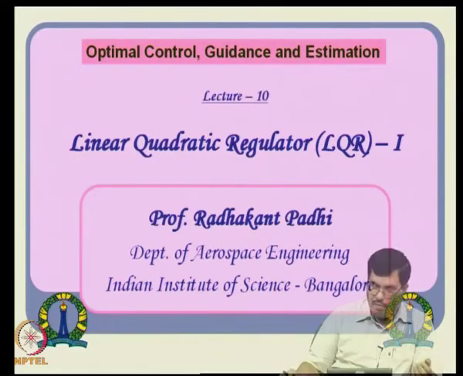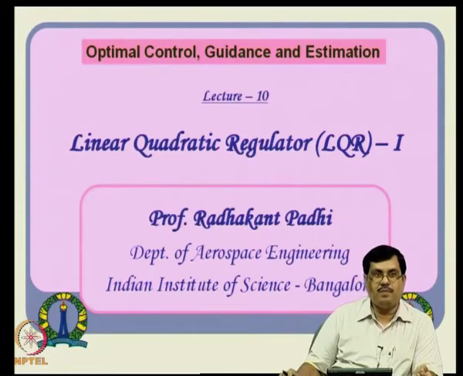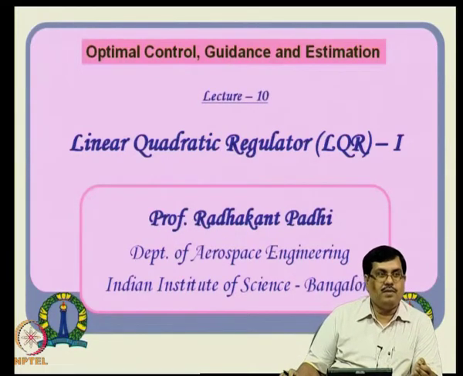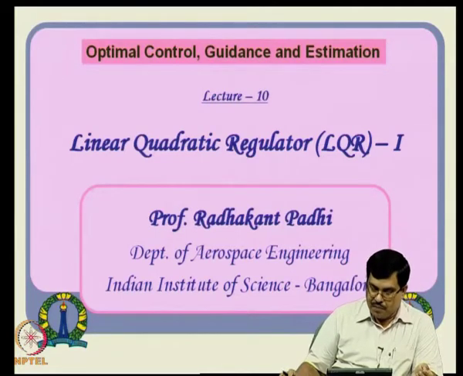That requires a lot of numerically intensive procedures. So in the early 50s and 60s, people started thinking: is there any class of problems for which we do not really need all those numerical techniques, and we can get solutions in a computationally efficient way, even though it is limited to a class of problems? That leads to the definition of linear quadratic regulator problems, which are extensively studied and extensively utilized.